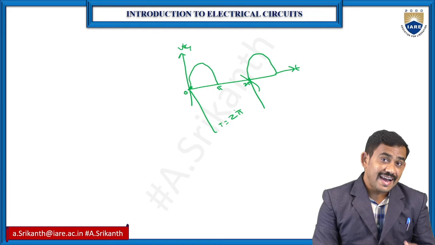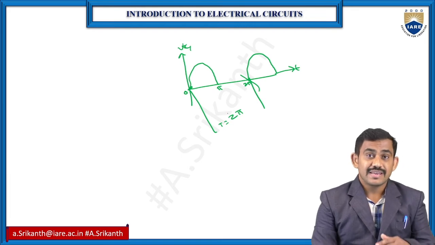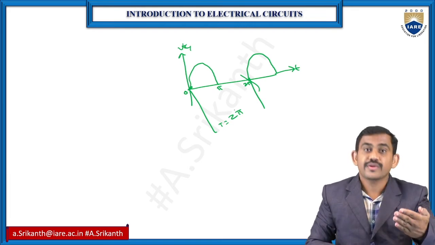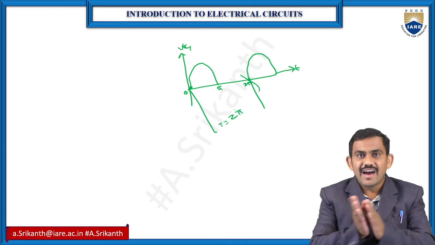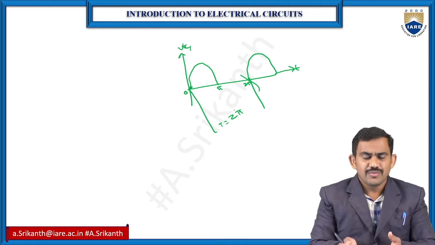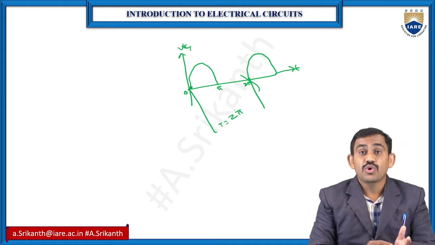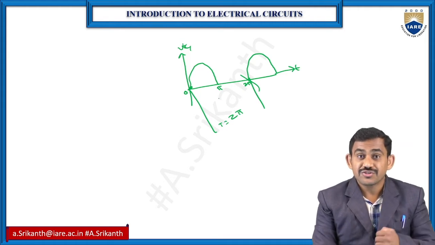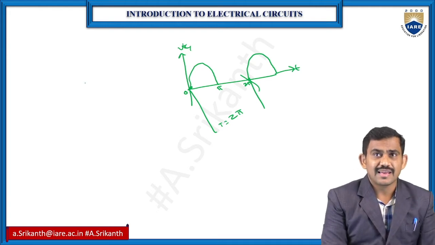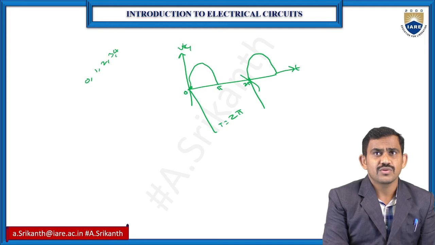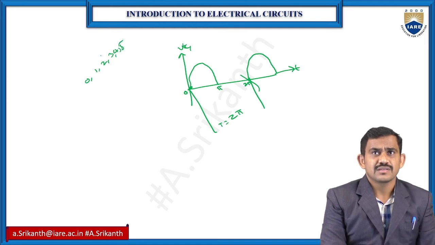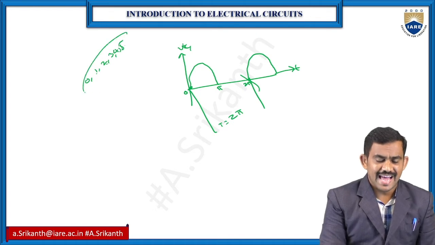Then what about the RMS and average time period? In the previous case I said that when you have a positive peak and a negative peak, the average will be 0. For this case, we need to consider the total time period. We don't have any negative peak, only positive peak. Suppose I have the numbers 0, 1, 2, 3, 4 and 5, and I want the average.